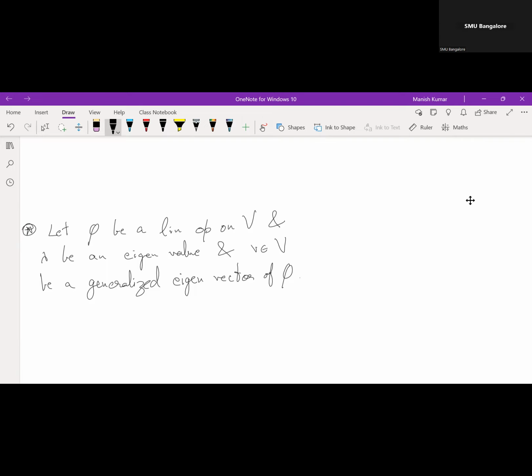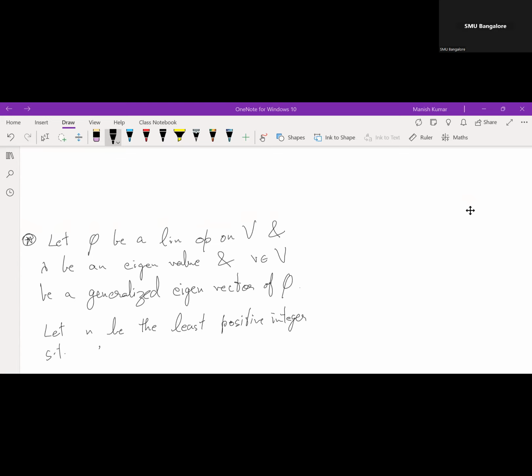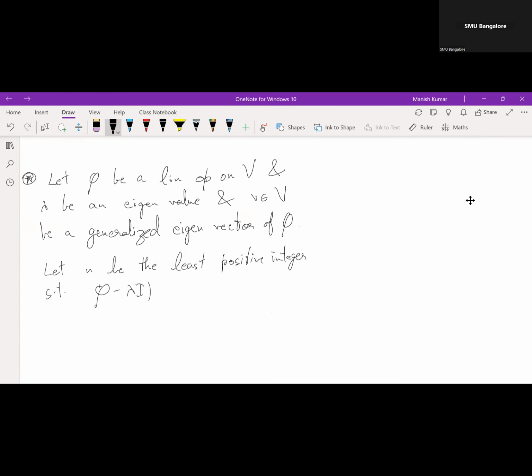Let n be the least positive integer such that (phi minus lambda I) to the n applied to v is 0. That means (phi minus lambda I)^n v is 0, but (phi minus lambda I)^(n-1) v is not 0.